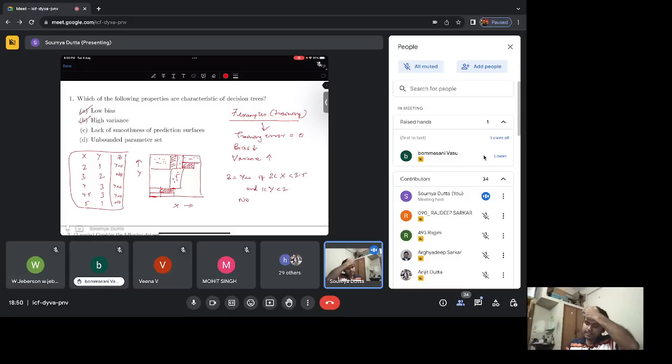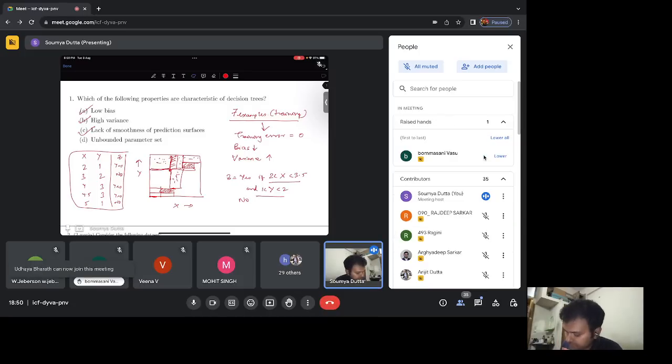You can understand that you can get these sort of conditions, due to which these sort of decision surfaces come up, and as you can definitely see, these are not smooth. These are brick wall sort of structures, and therefore decision trees lead to prediction surfaces which are not smooth. I hope this point was clear. I know this was not taught in this particular course, but just remember that decision trees don't have very smooth prediction surfaces.